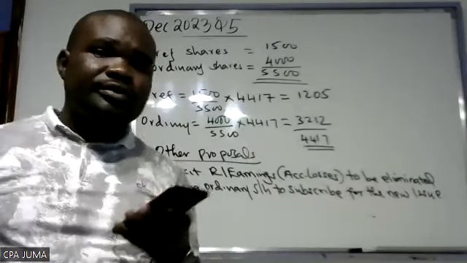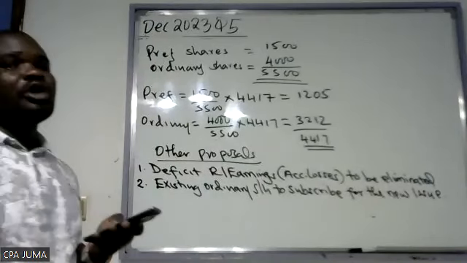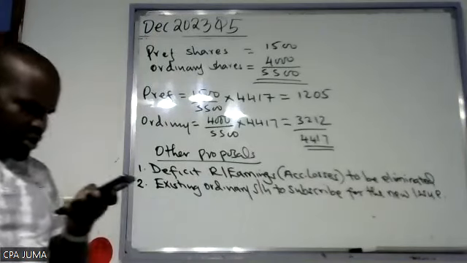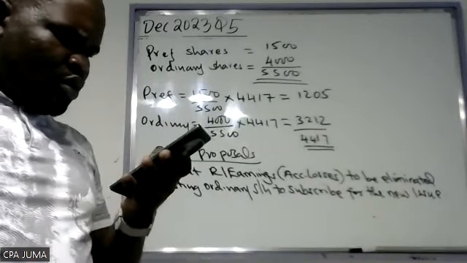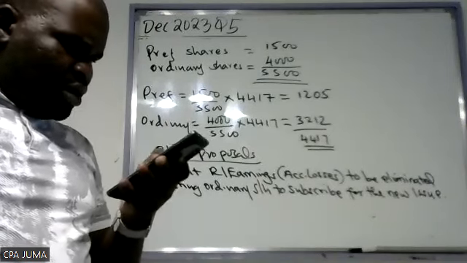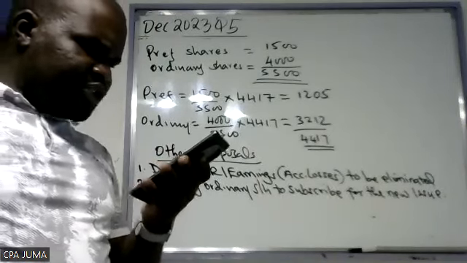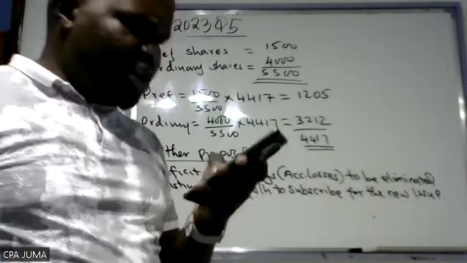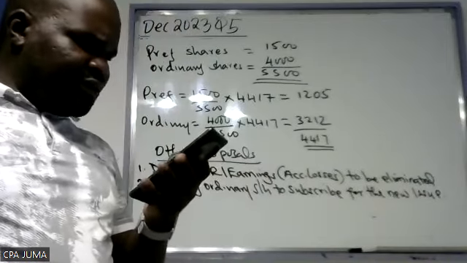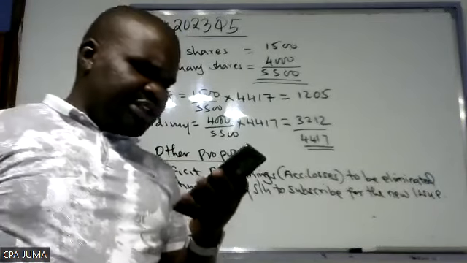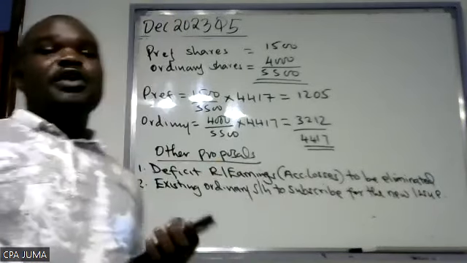Read the same note. While preference shareholders have pledged to finance new production equipment whose estimated fair value is 1350 million. Each of these shares currently have a value of shillings 5.